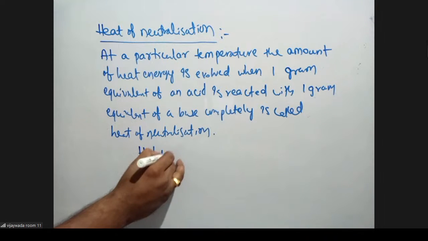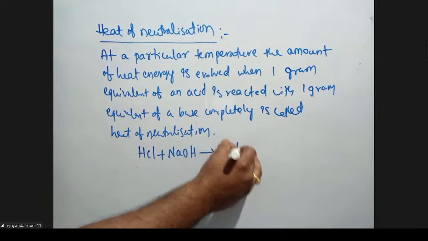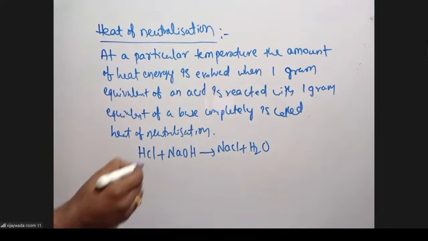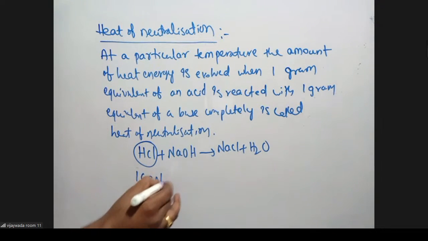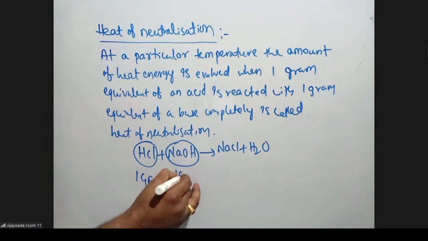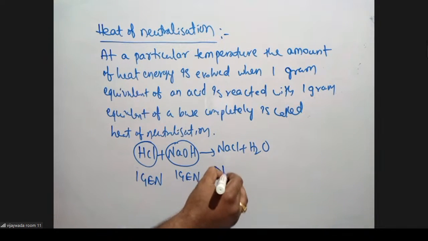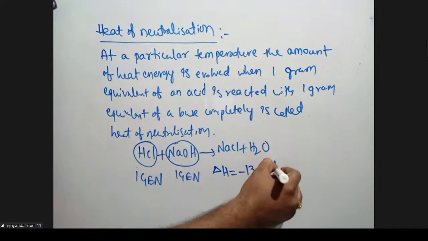HCl and NaOH react together, we will get NaCl plus water. Yes, this process is called neutralization reaction. HCl must be 1 gram equivalent. NaOH must be 1 gram equivalent. When 1 gram equivalent and 1 gram equivalent react together, delta H is always minus 13.7 kilocalorie.